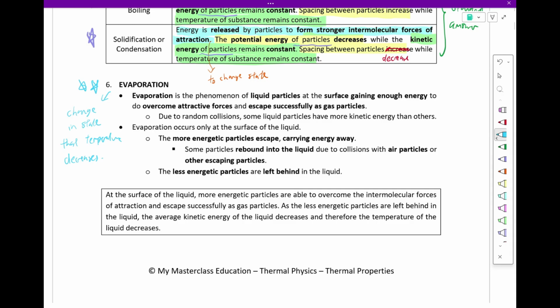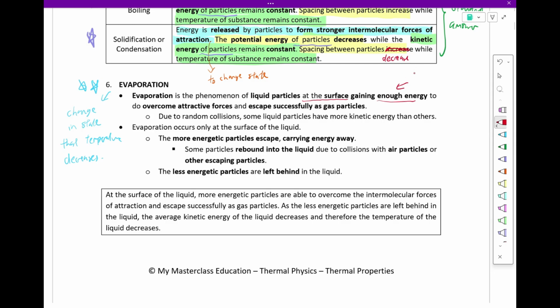So what is evaporation? Let's define evaporation. Evaporation is basically a situation where liquid particles at the surface gain enough energy. Now, how do they gain the energy?